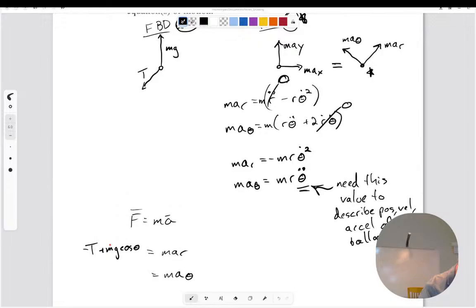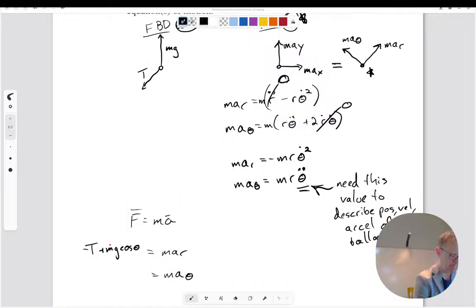And then, do we have a positive mg sine theta or a negative? What do you think? Positive or negative? Negative?